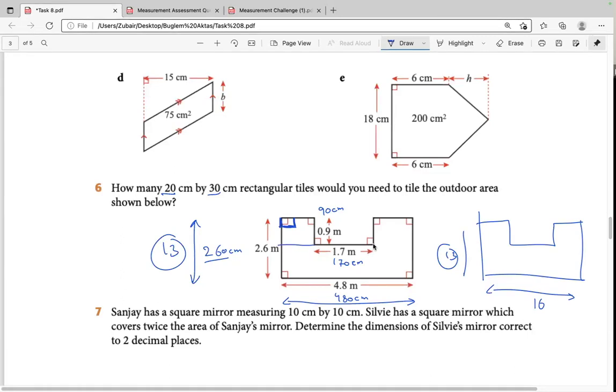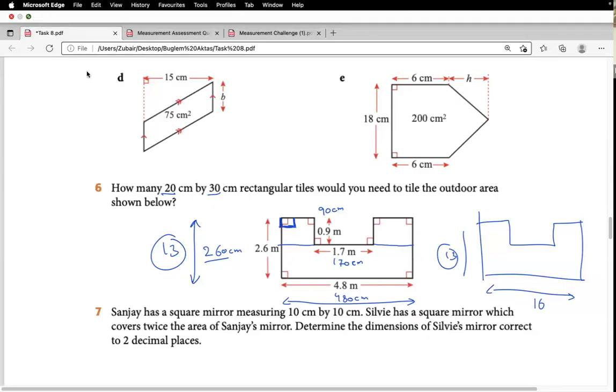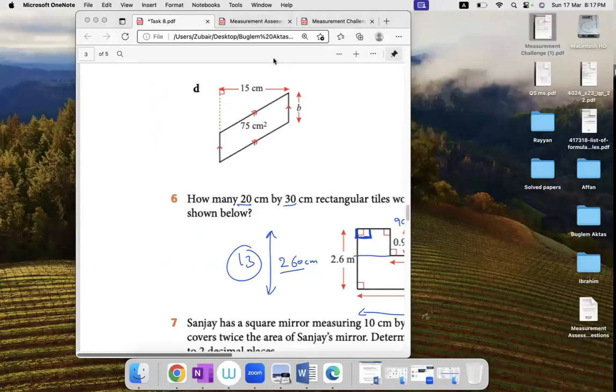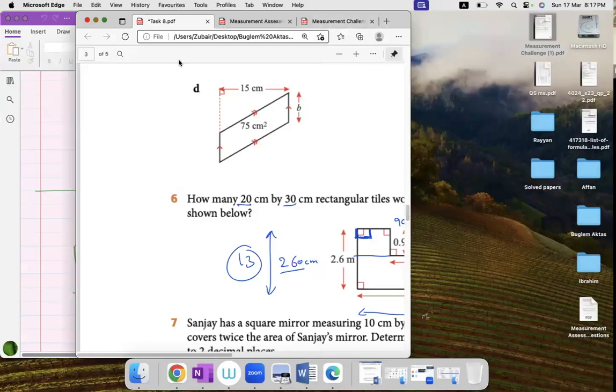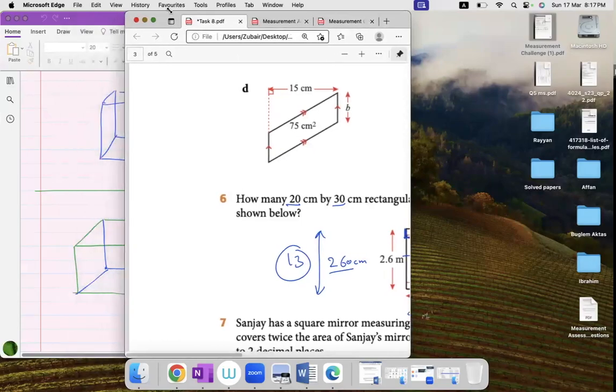If we split this up, 2.6 minus 0.9 is 1.7. Let me open up a writing space. Sorry, what did you say? 1.7. Yeah, 1.7.